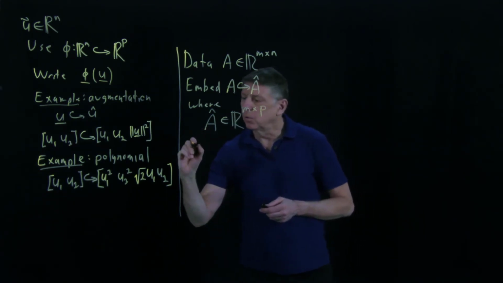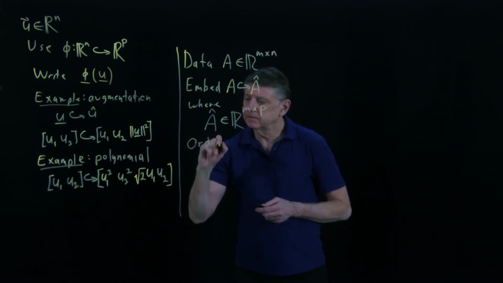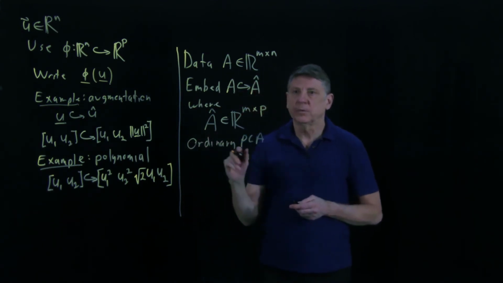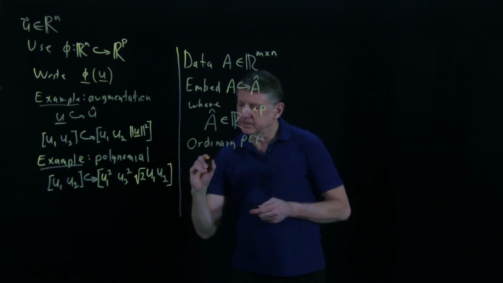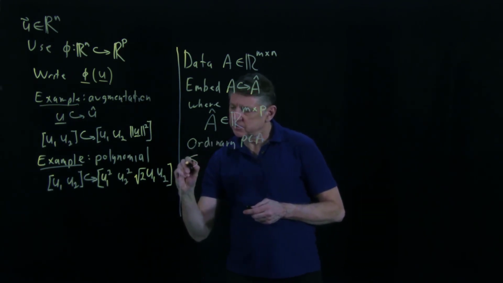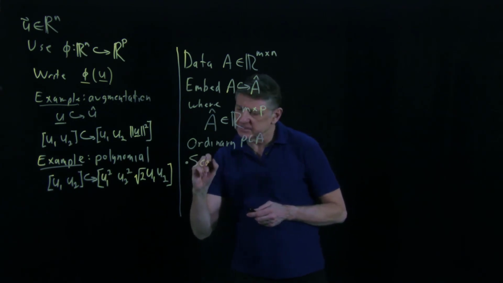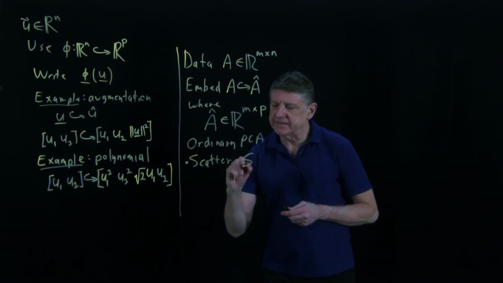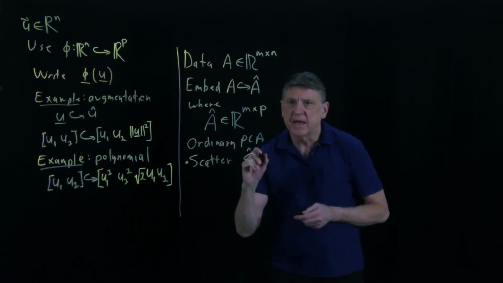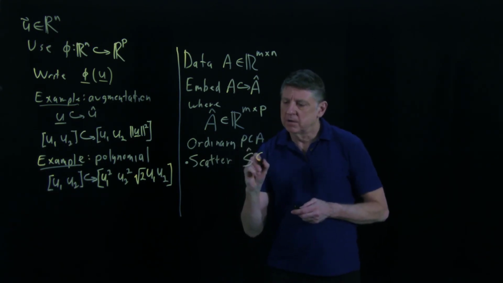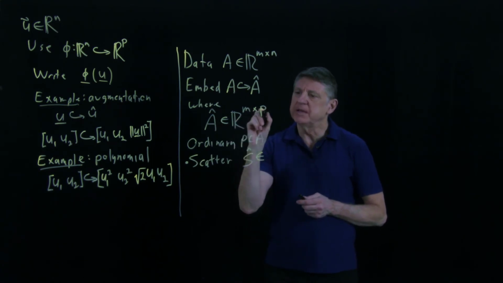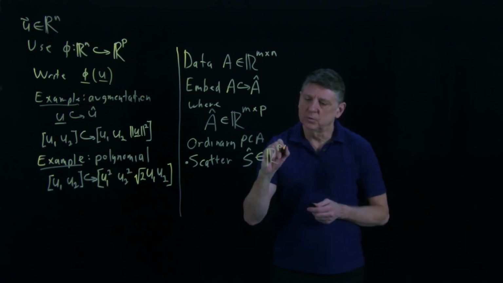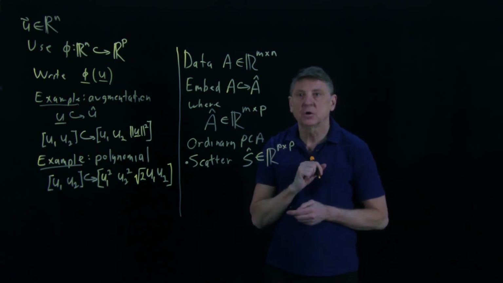And then ordinary PCA is, what we would do is find the scatter matrix, and we would write that as S with a hat over it, and that would then have p rows and p columns.